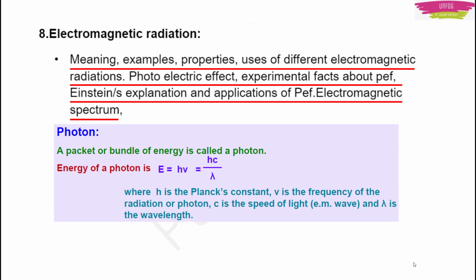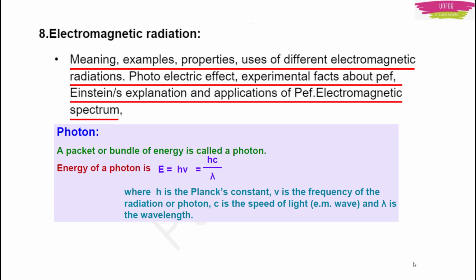We also told that nu is proportional to 1 upon lambda, that is, the frequency is inversely proportional to the wavelength of a wave. Here, if I remove the proportionality symbol, I can introduce this term c, which is the speed of light of an electromagnetic wave. Let me repeat it for you all. In E is equal to h nu, E is the energy of the photon, h is Planck's constant. We also told about the value of Planck's constant in the previous video.